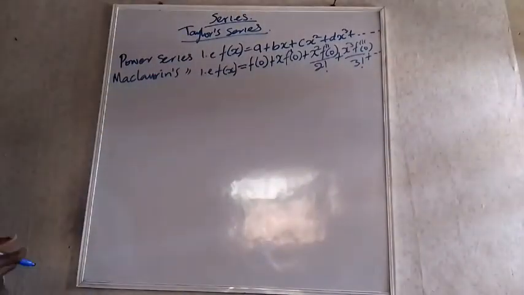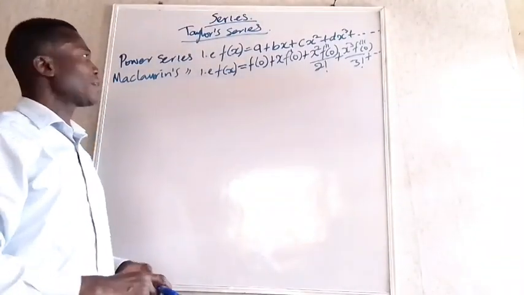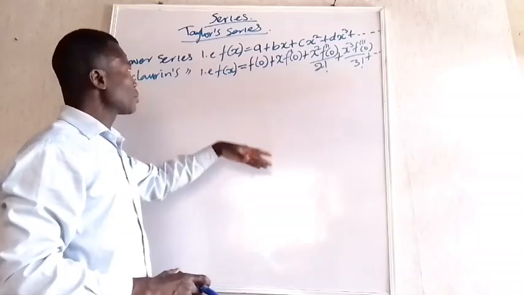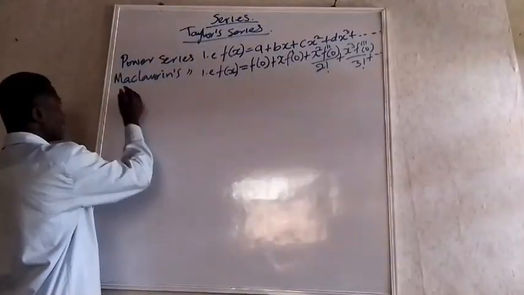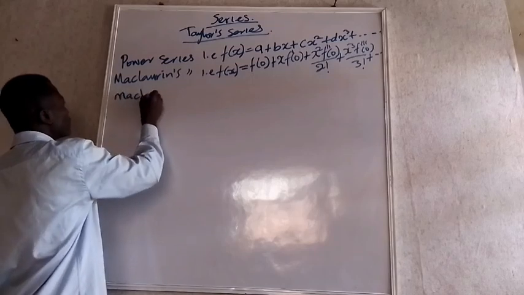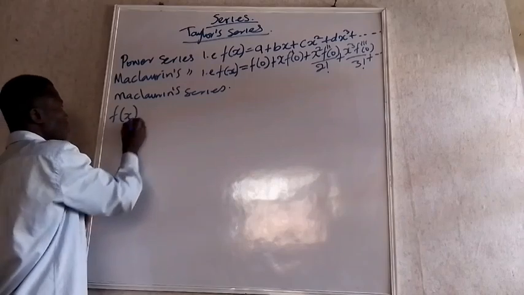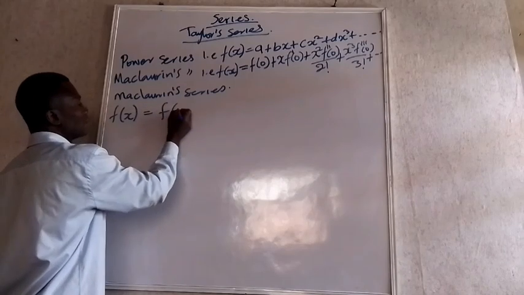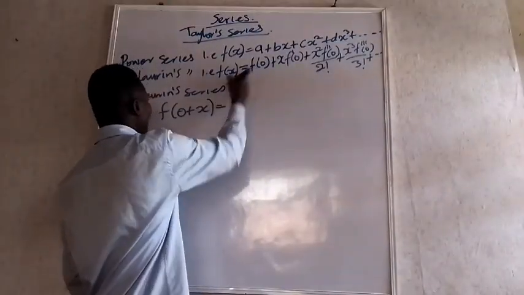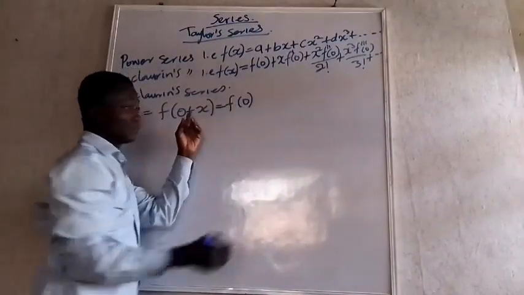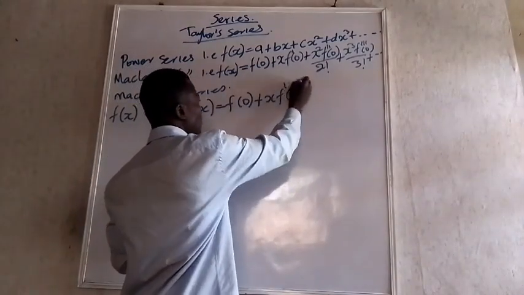Now, if we can get f of x at a certain place, we know the value of f of x. We will be able to find f of x plus delta x. We can describe it again as f of 0 plus x times the first differential at 0, plus and so on.